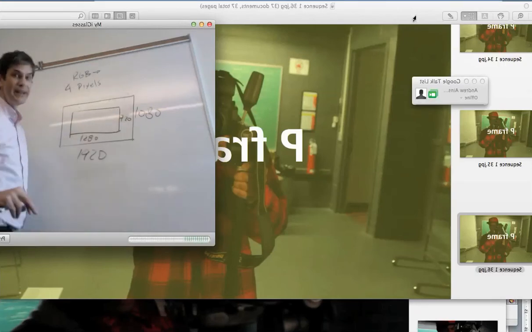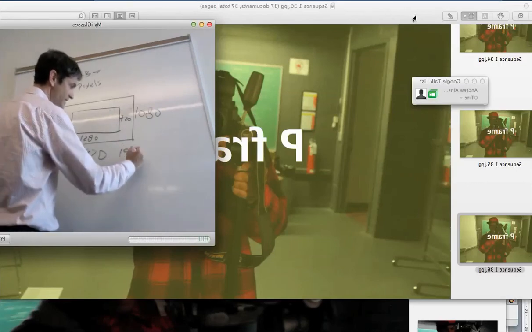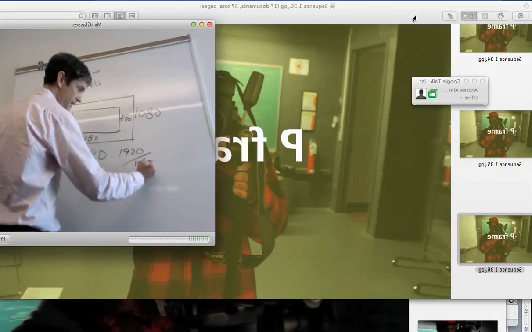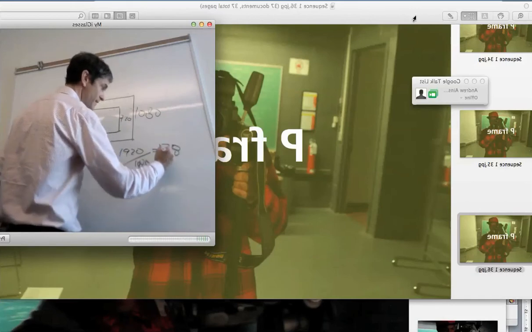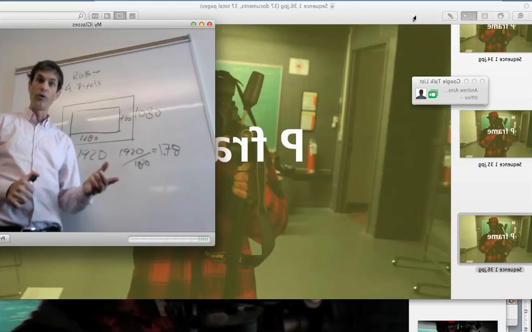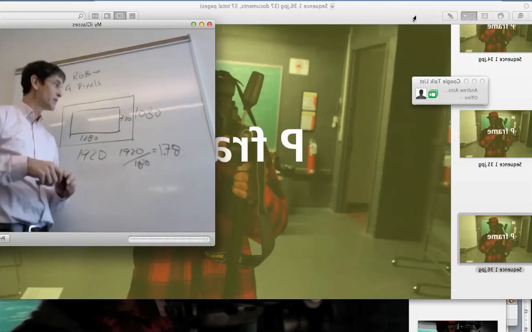Out of this we get what's called our aspect ratio. The aspect ratio is the width divided by the height, and in the case of our wonderful HD, it's 1.78. Standard definition has an aspect ratio of 4 to 3, or 1.33, 4 units wide to 3 units high.